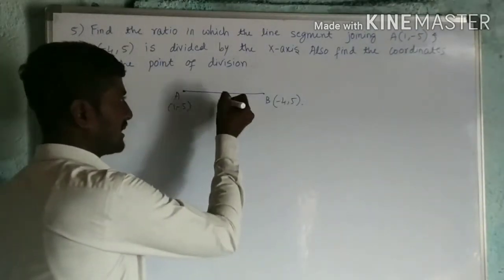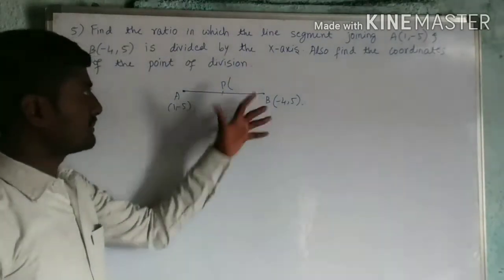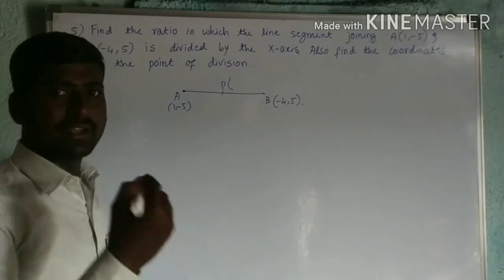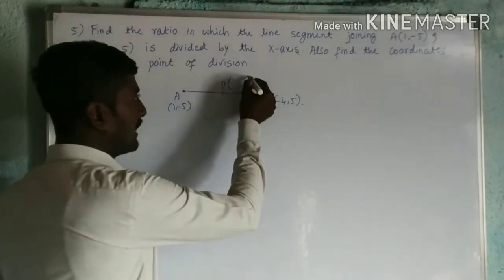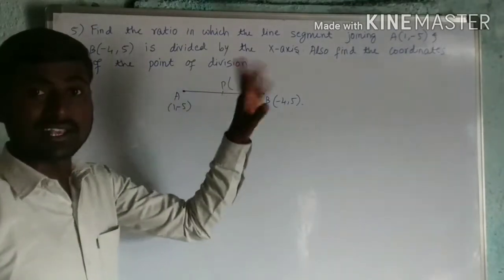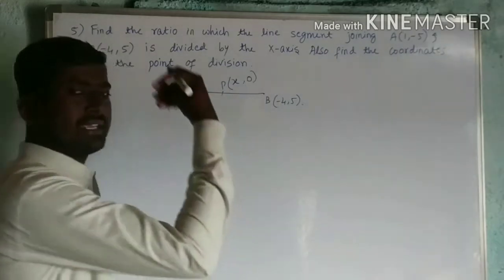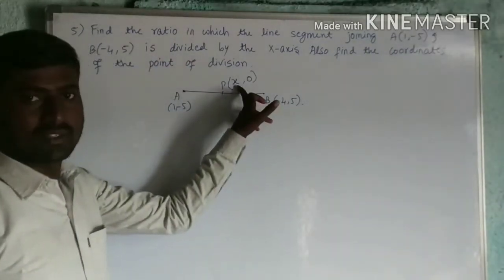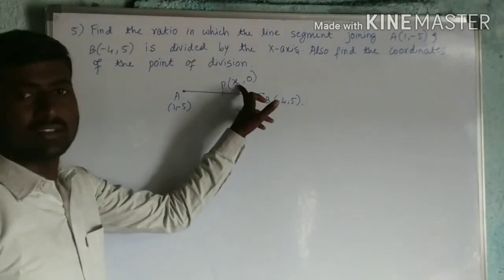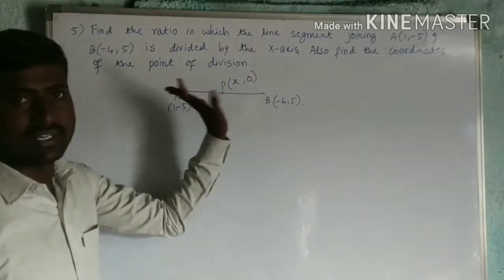So let us take this point on the x-axis as P. If the point P is on the x-axis, its y coordinate must be 0. Now I will take the x coordinate as x. You can take any letter for this; it is unknown, we have to find it.